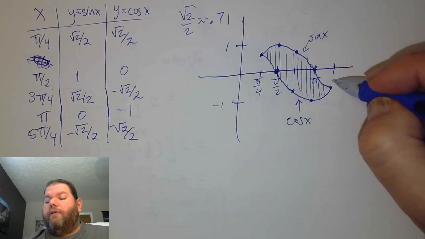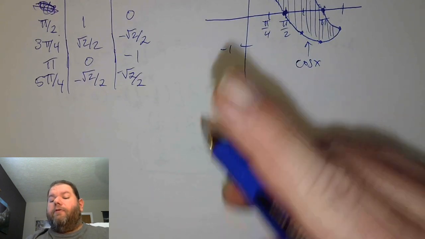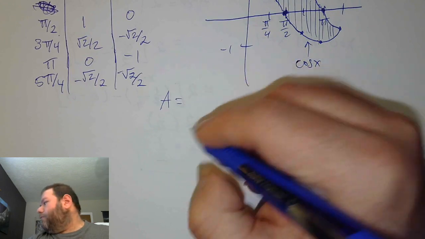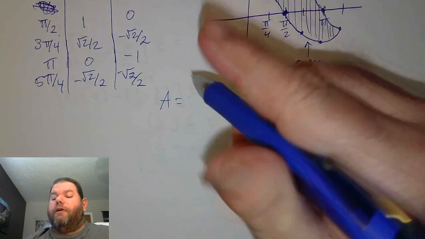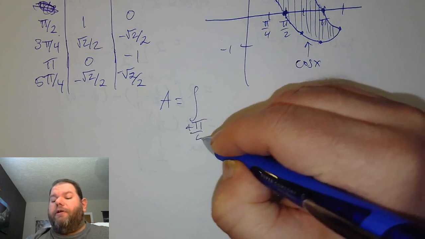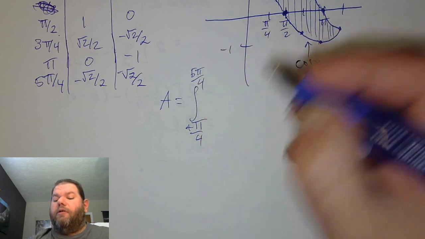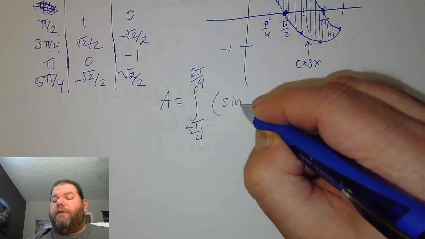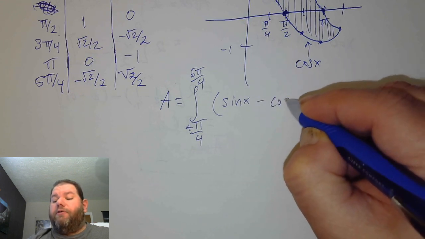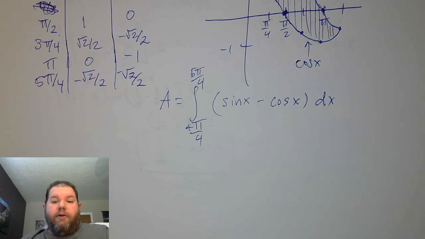And again, sine x is our top curve and cosine x is our bottom curve. So setting up our area, we take our integral from positive pi over 4 to positive 5 pi over 4 of the top function, sine x, minus the bottom function, cosine x, dx. And that would be our setup.